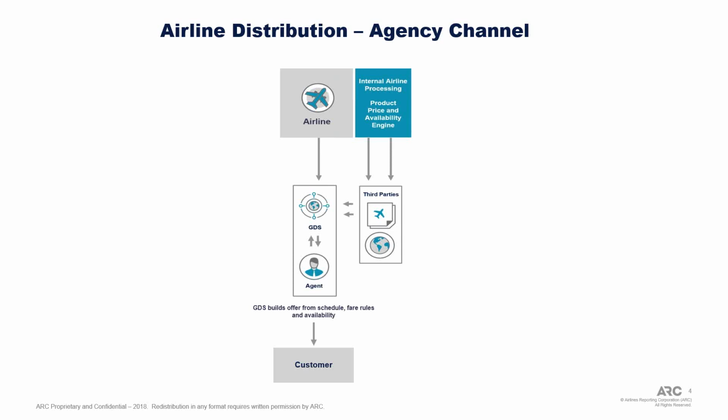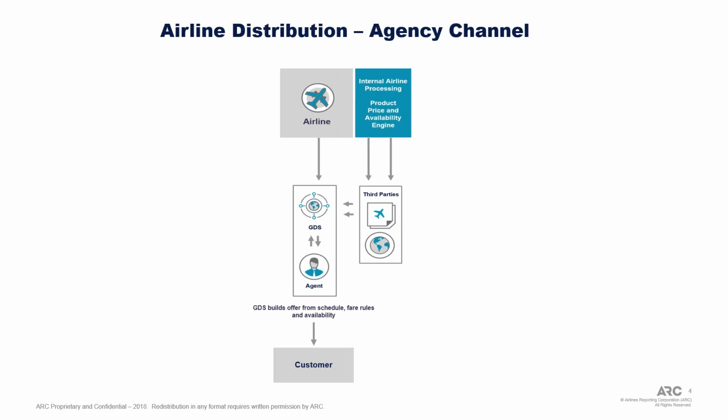So let's talk about what this really means. In the distribution channel today, in the agency channel, the way things typically work is that fares and schedules are distributed through third parties, and those third parties then send them to various GDSs, and when the agency goes into search, the GDS will then communicate with the airline on the availability.